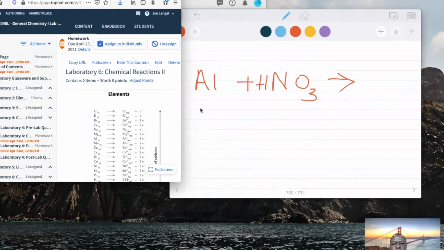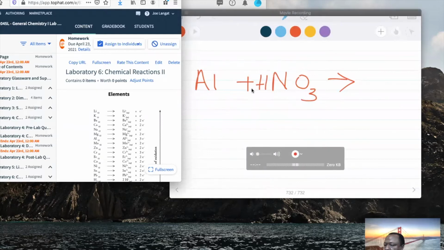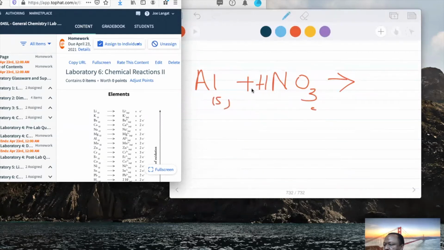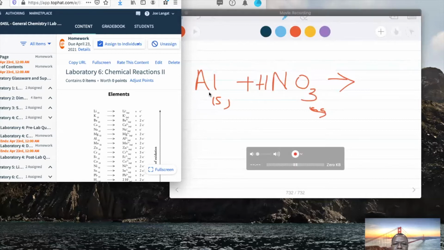The nitric acid is aqueous, and the aluminum is solid. Nitric acid will react with aluminum. If you look at Al, it is above hydrogen. Hydrogen is way below here. That means aluminum will replace hydrogen in this compound.